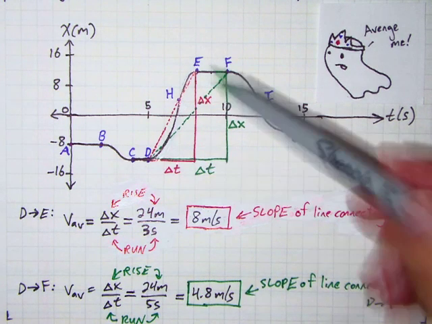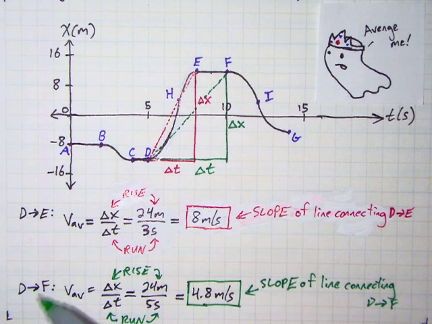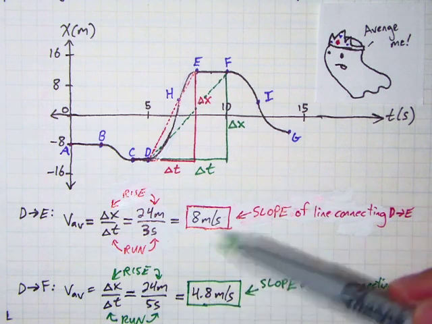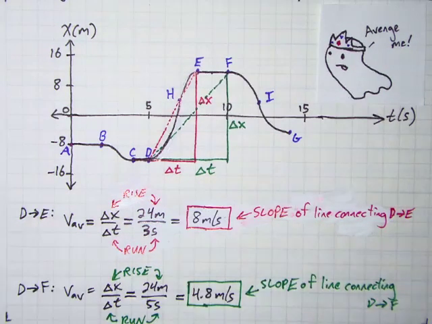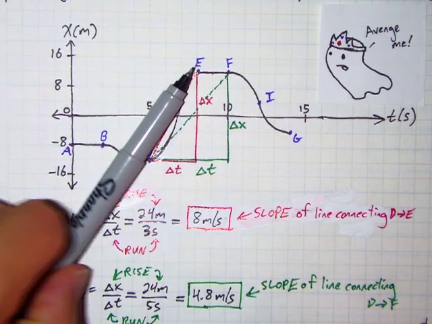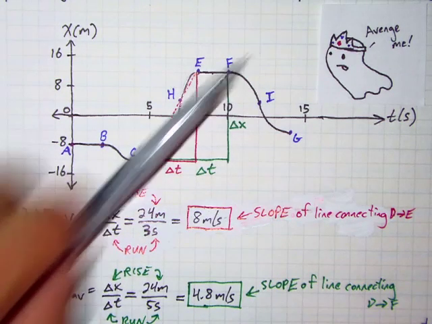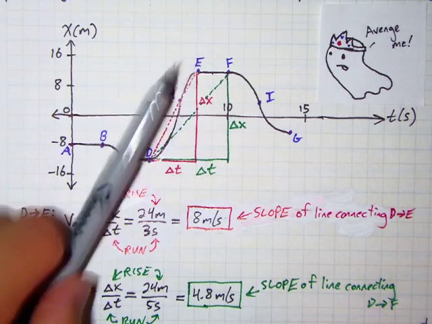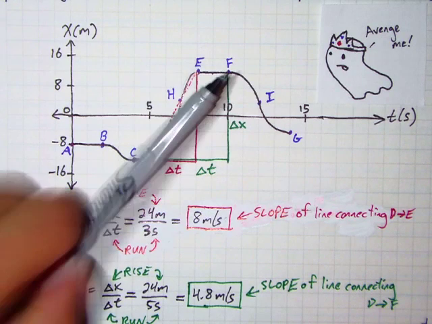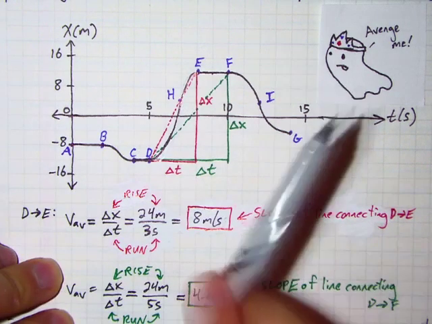Okay, from D to E, the slope is 8 meters per second. From D to F, it's 4.8 meters per second, so it's steeper. We see that this line here is steeper than this line, which is a shallower slope. In other words, our average velocity is greater from D to E than from D to F. And we can see why that is.